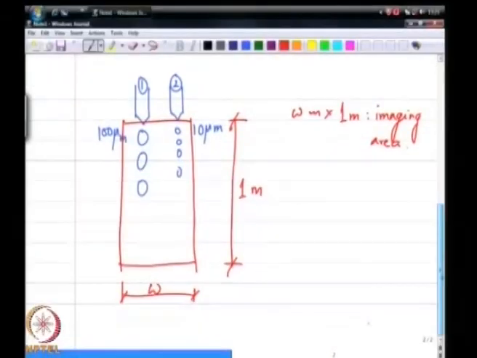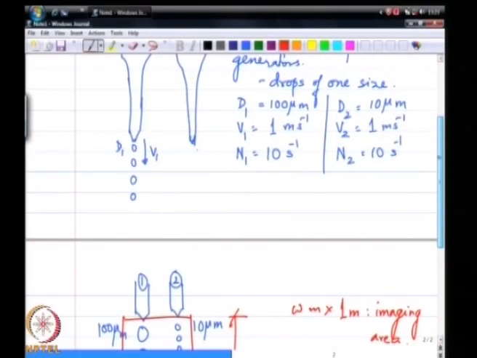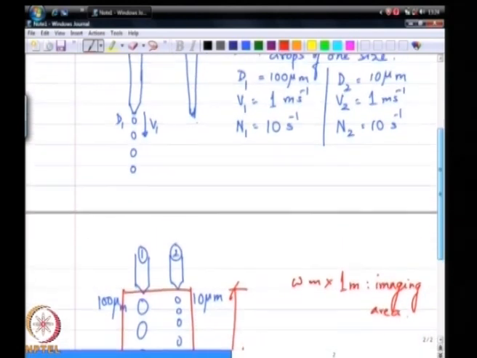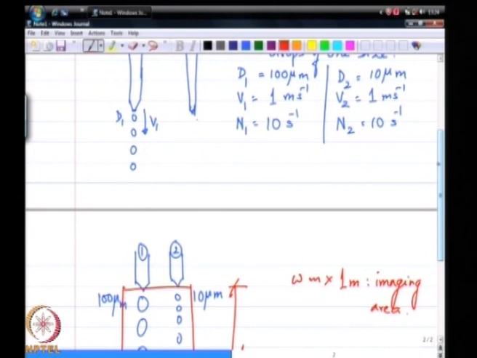Okay. Since each droplet is moving at 1 meter per second, and the spacing between droplets is 1/10 of a second, the production spacing between droplets is 1/10 of a second.